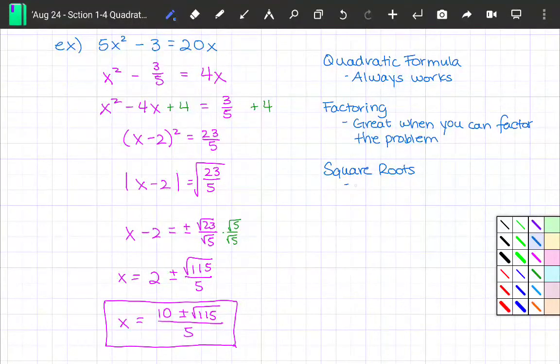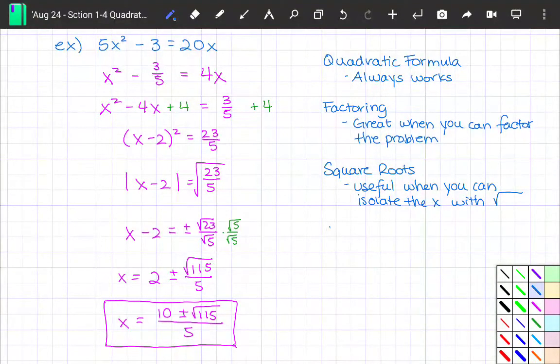So it's useful when you can isolate the x with square roots. And then there's completing the square. And by the way, completing the square, I'm always just going to abbreviate as CTS. So we can see on this last problem, it got a little more complicated than the example I gave you.